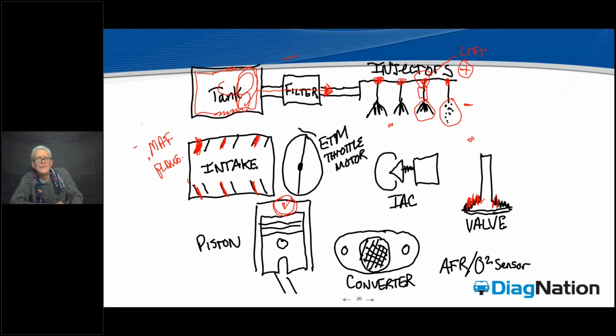Right now, this is where I want to really key in on baseline data and how to fix or find some of the much harder problems, meaning no code, poor fuel economy complaints, and low power complaints. Pay attention here, guys, because here's where it is. Think about what we've got here with the throttle motor. Now, we don't have an IAC anymore, and if we do on an older car, I'll make the same argument here in a second.